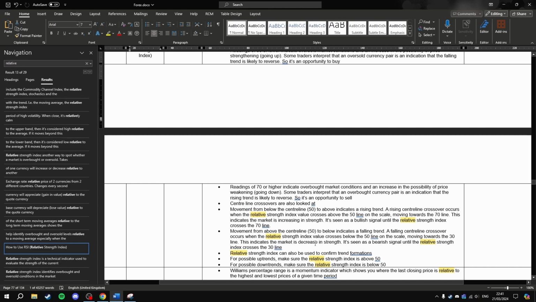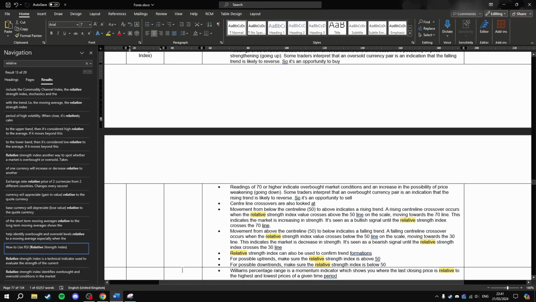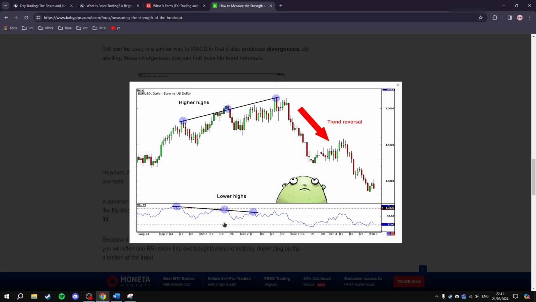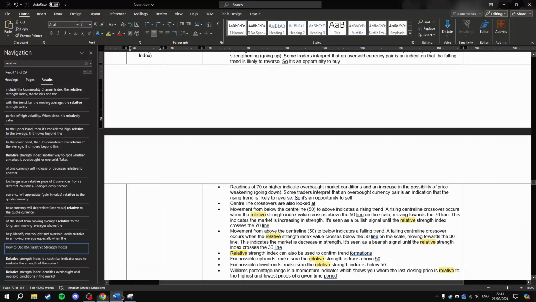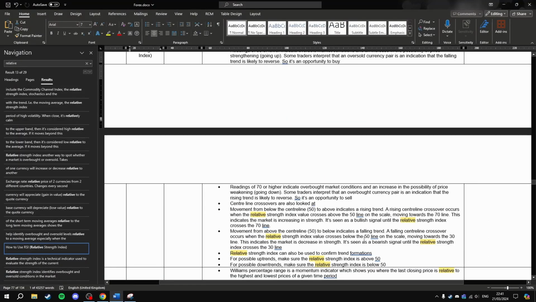This indicates the market is decreasing in strength. It is seen as a bearish signal until the relative strength index crosses the 30 line. So here we can see from above the center line, so above 50, which is here, to below indicates a falling trend, so it does fall. So it's a falling trend.